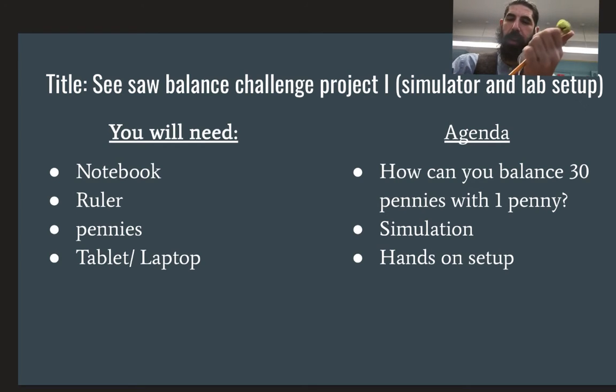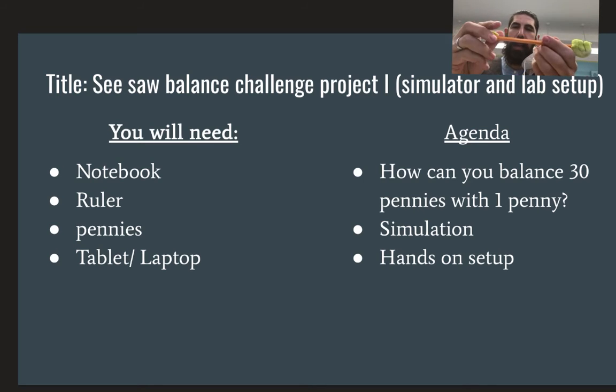So here's our model of a seesaw. This is just a pencil with some clay on the ends. And these two pieces of clay have about the same mass, and I can balance them. But what happens if I take a lot of mass from one side and I stick it on the other end, so that now the masses are not equal at all?